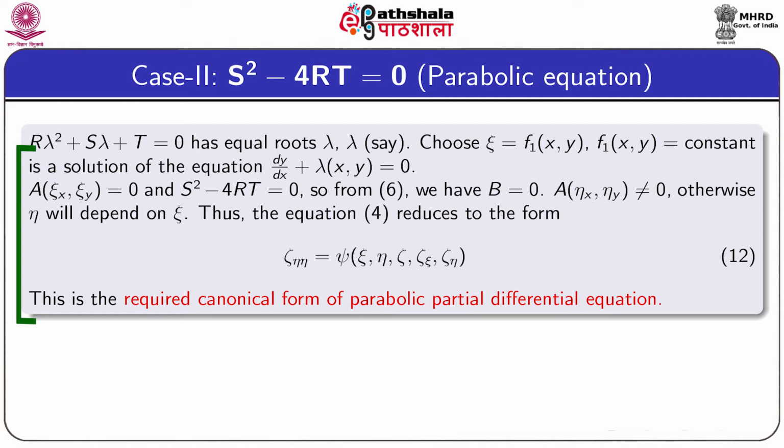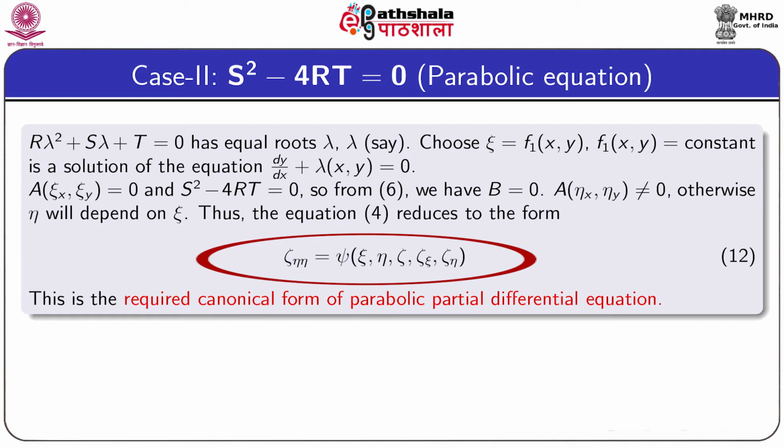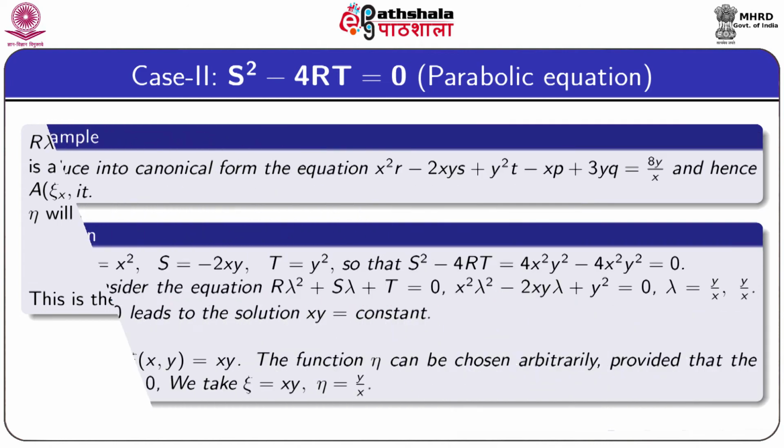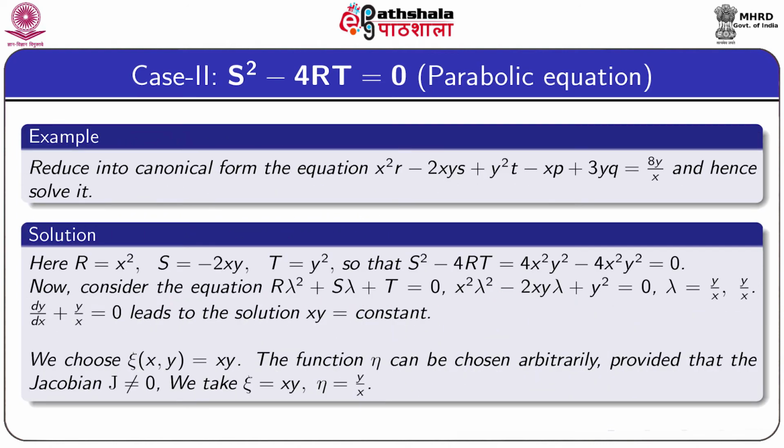Thus, equation 4 reduces to the form zeta eta eta equals to some function psi of xi, eta, zeta, zeta xi, zeta eta, which is written in equation number 12. So, this is the canonical form of a parabolic partial differential equation, and it can be solved easily because its coefficients are constant.